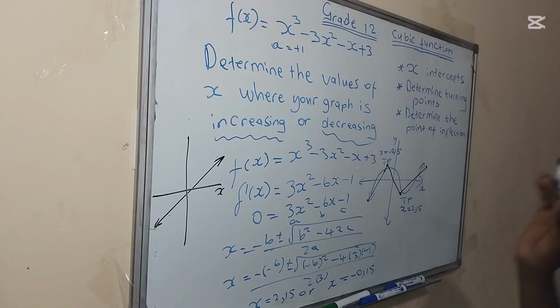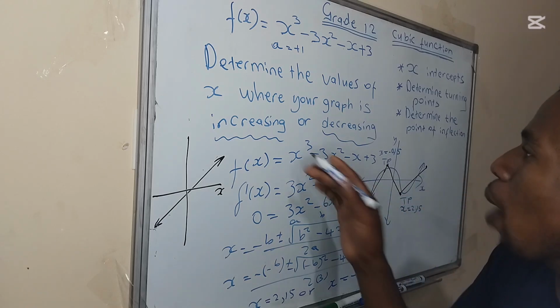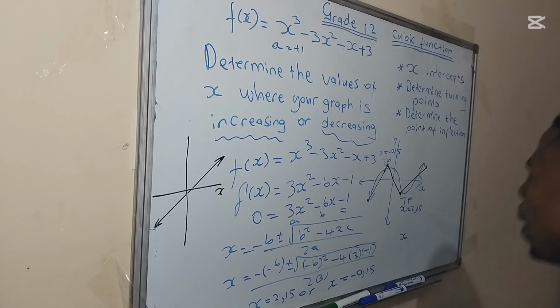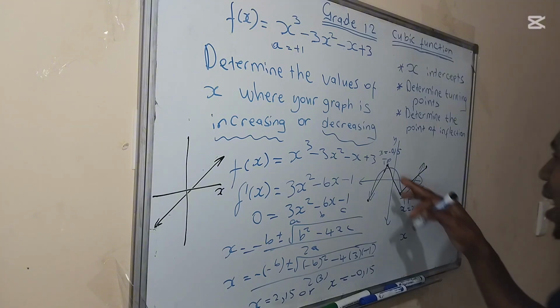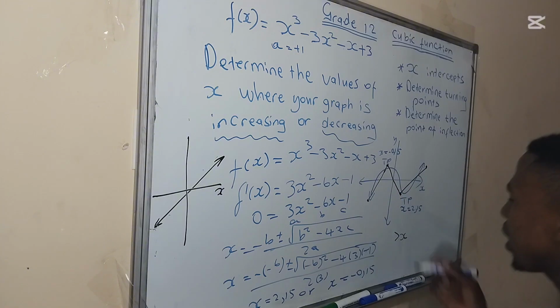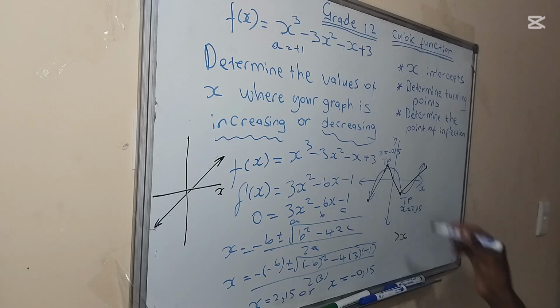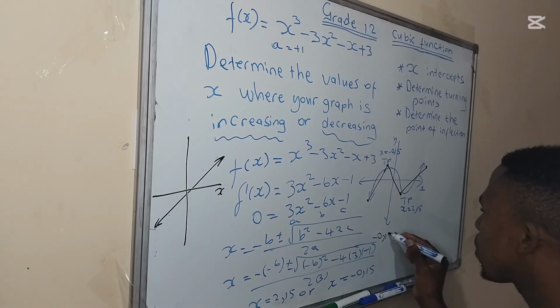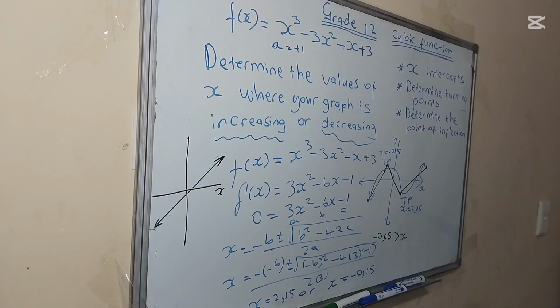Which means our graph is increasing whereby the values of x are less than negative 0.15, right?